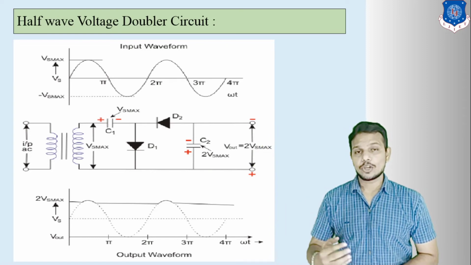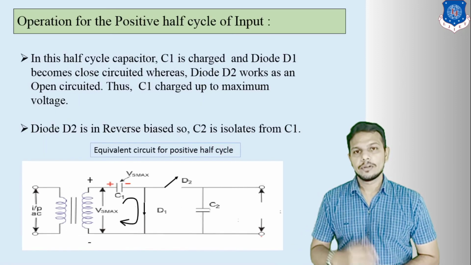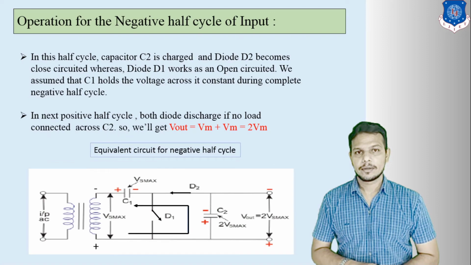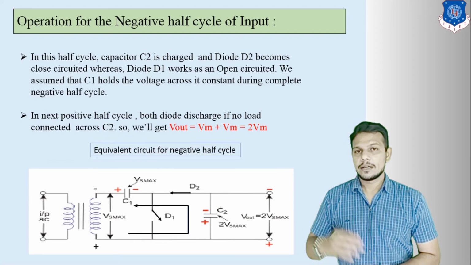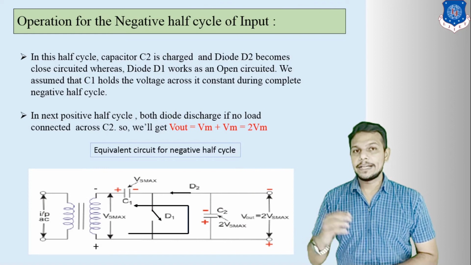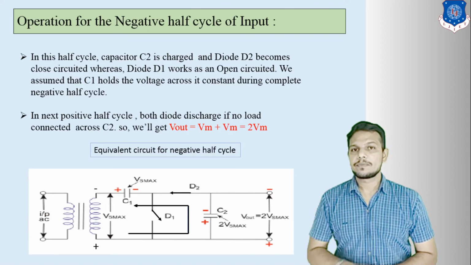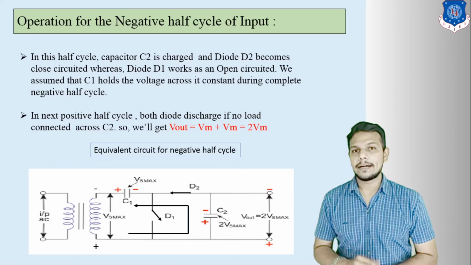Due to this operation, your C2 is charged up to Vm. In the next positive half cycle, if no load is connected across C2, we will get V output.